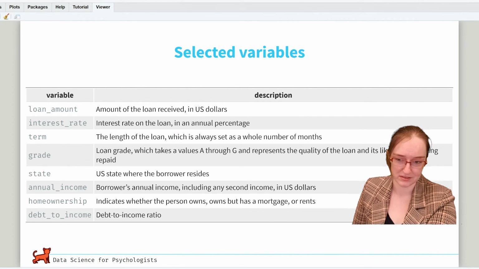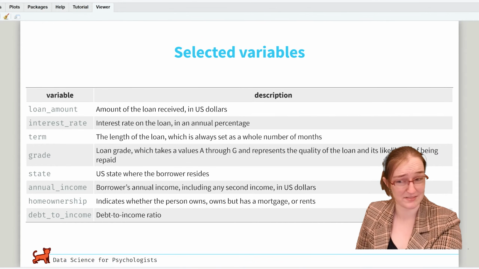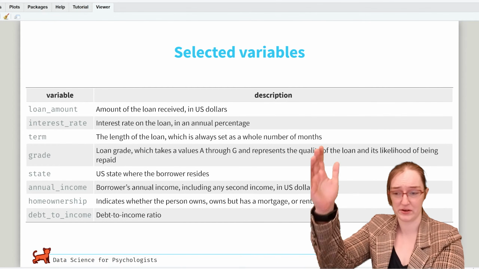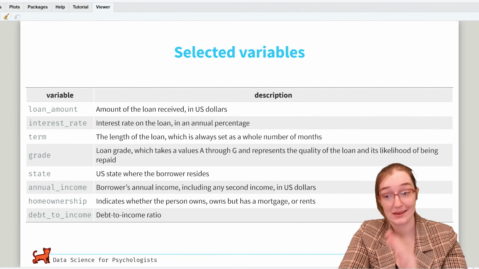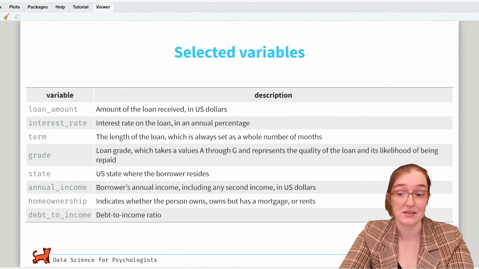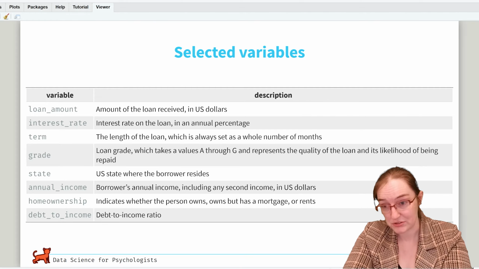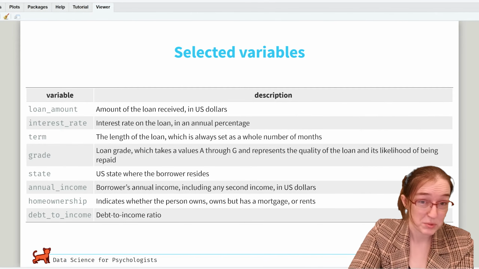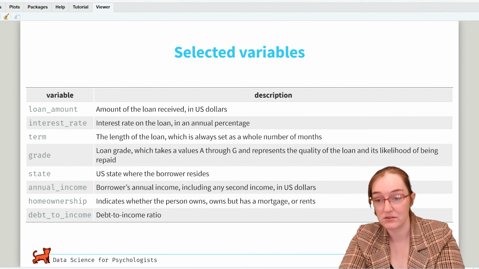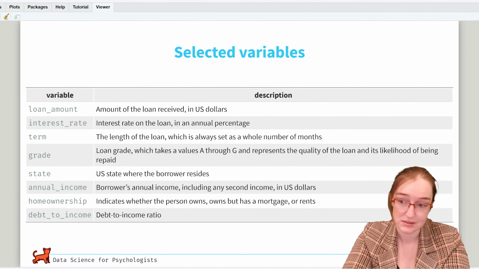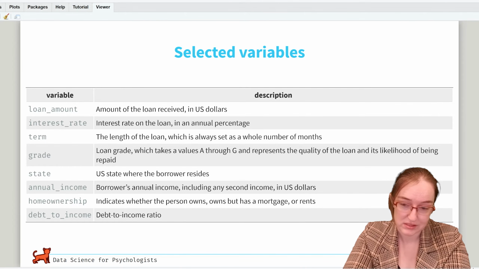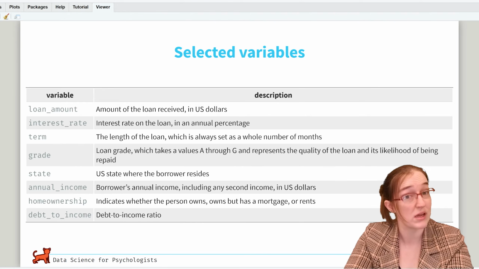So let's clean it up a little. As a data frame, here we have the variable name and the description. Loan amount is the amount of the loan received in US dollars. Interest rate is an annual percentage. Term of the loan is in whole number months. Grade of the loan is A through G and represents the quality of the loan and the likelihood of the loan being repaid.